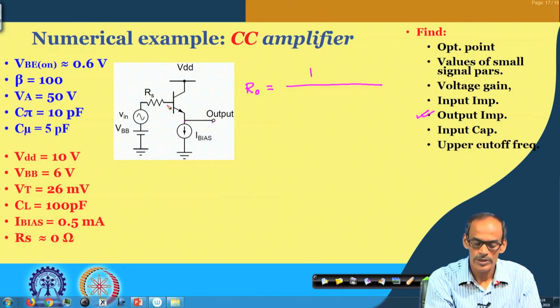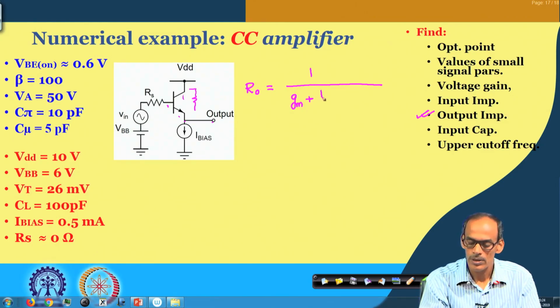We have the conductance of the r pi, then r naught, and also the gm part. So, the output resistance is 1 divided by all the conductances, namely gm, then due to r pi, and then due to r naught.